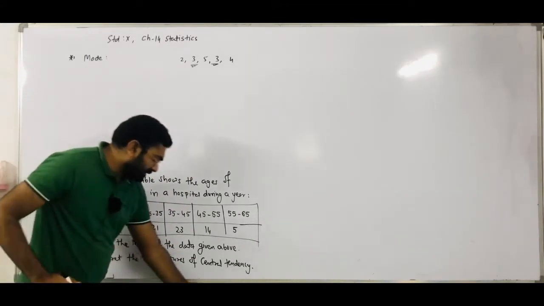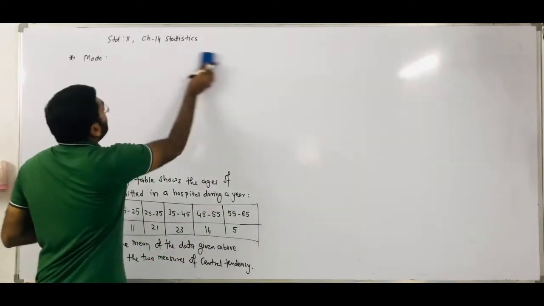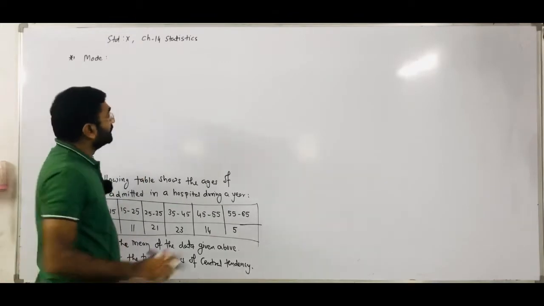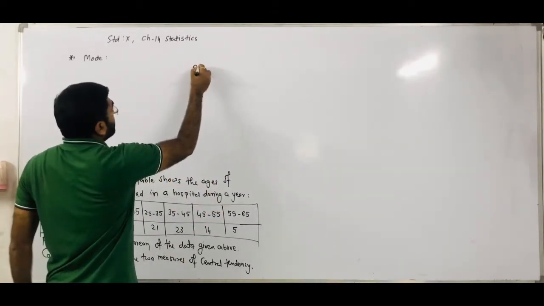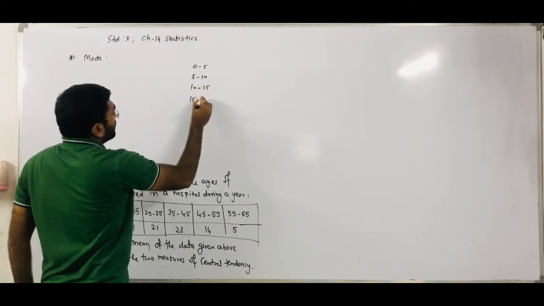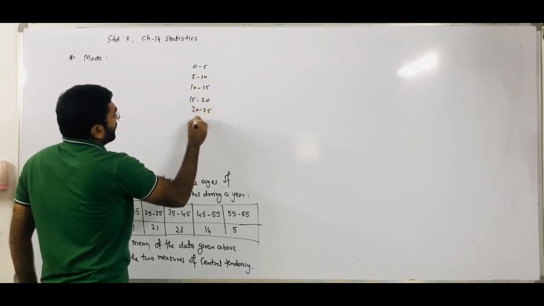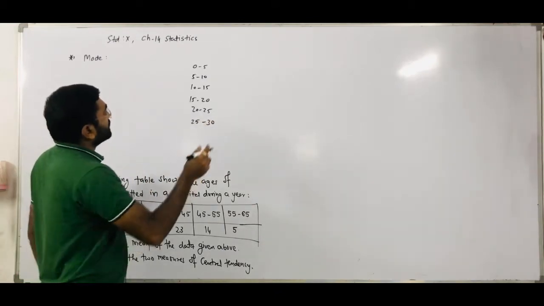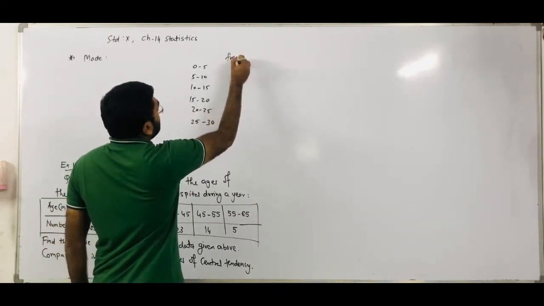But in the 10th standard, we have to learn about the mode for grouped data. Suppose grouped data is given: the classes 0 to 5, 5 to 10, 10 to 15, 15 to 20, 20 to 25, and 25 to 30, with frequencies 3, 5, 11, 8, 4, and 6.